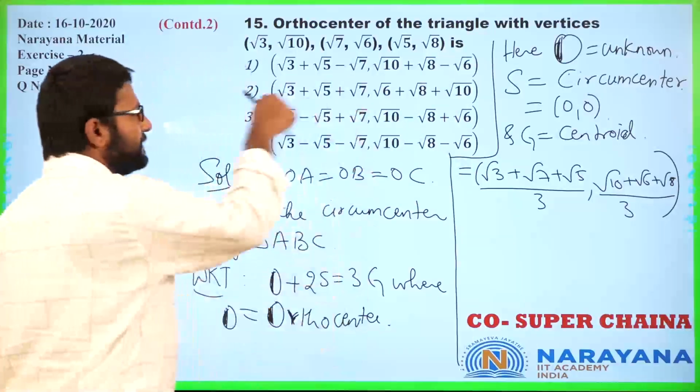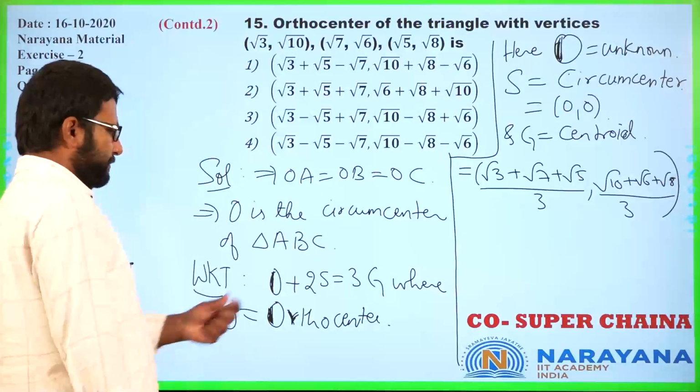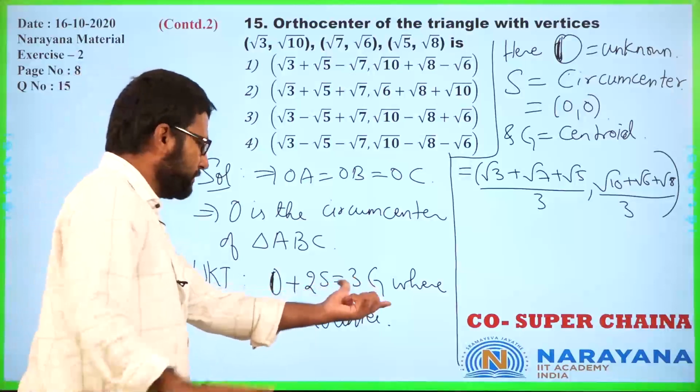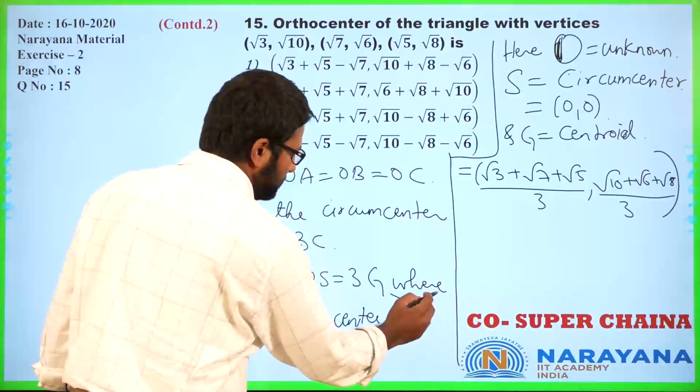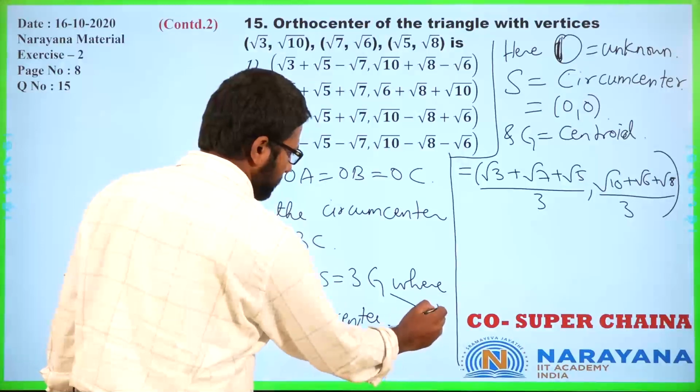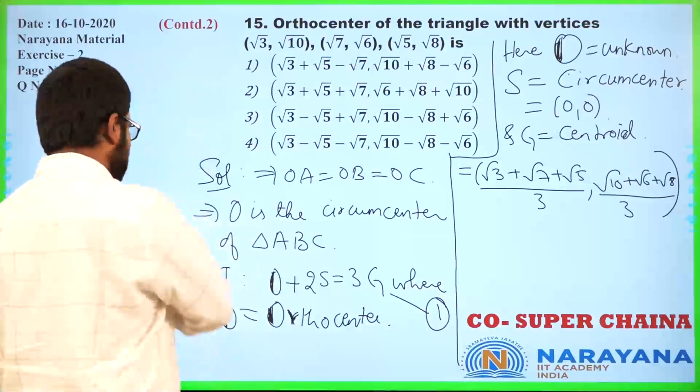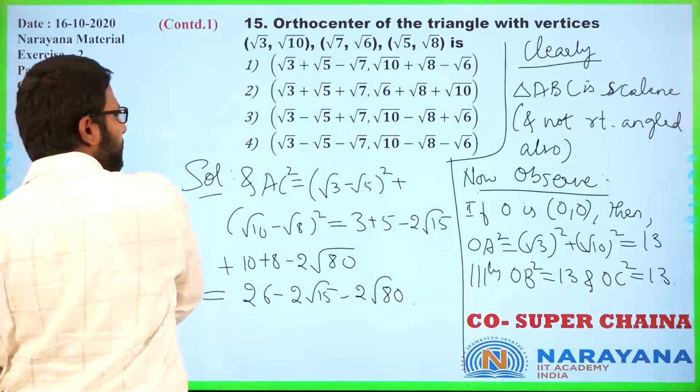Right? That is the centroid. So I know this and I know this, which means I can figure out orthocenter. Correct? You mark this as 1. Right?